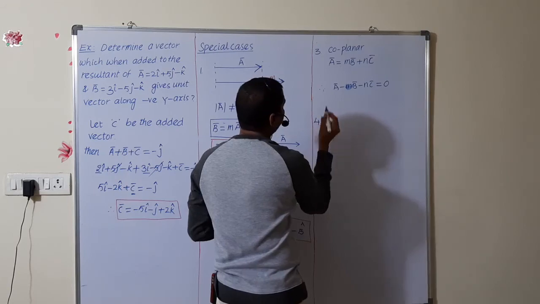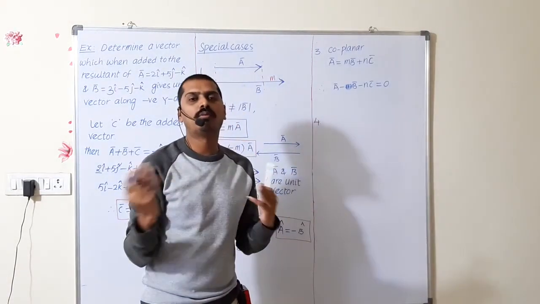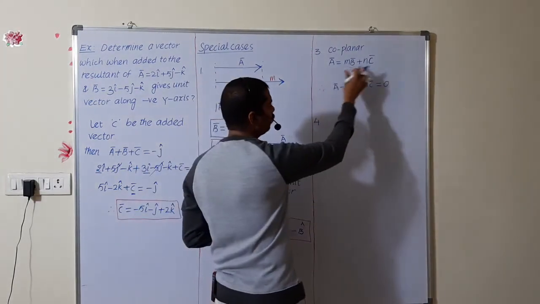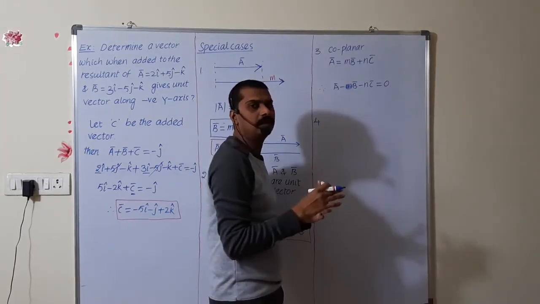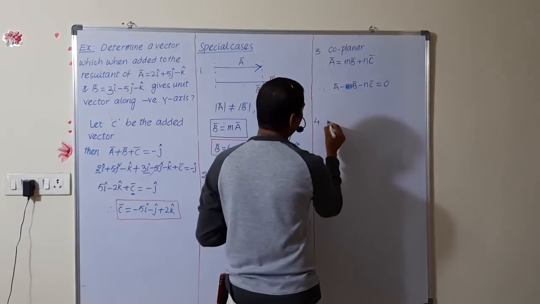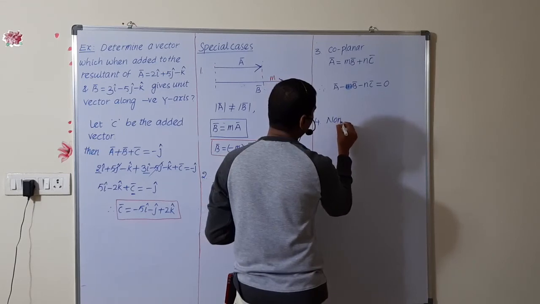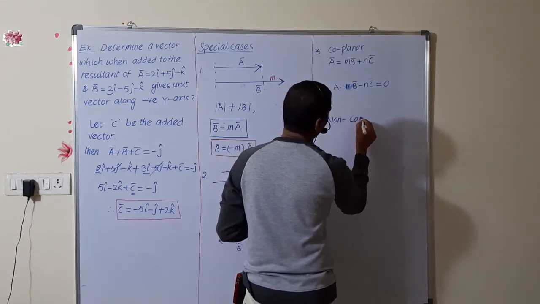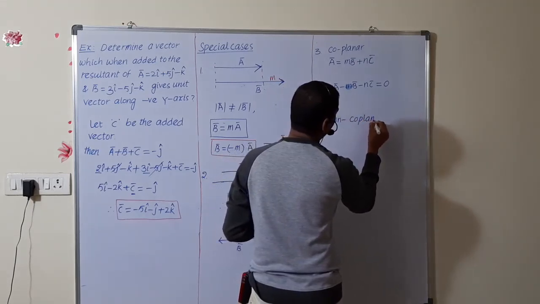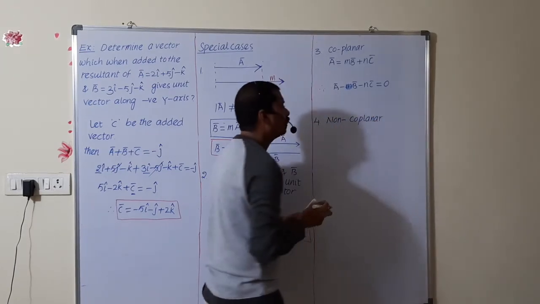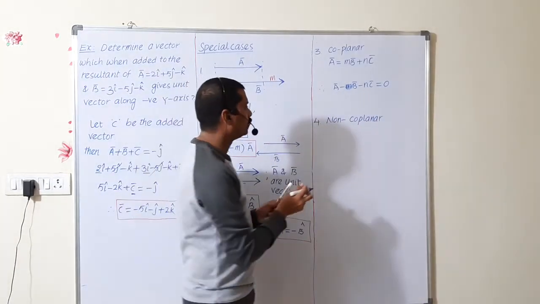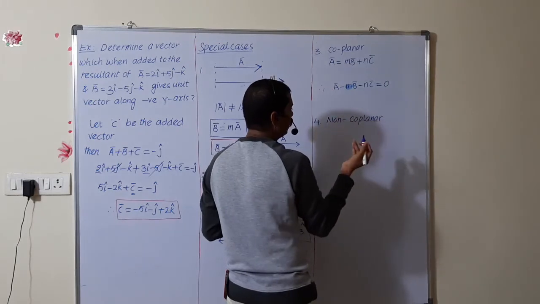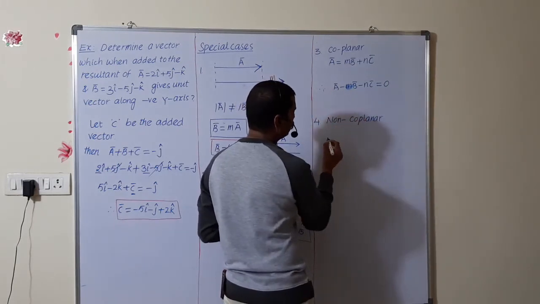Now the fourth point: these are not coplanar vectors. For coplanar vectors, we have to use it like that. If you take non-coplanar vectors, then we can take more vectors, more than three, such as four.